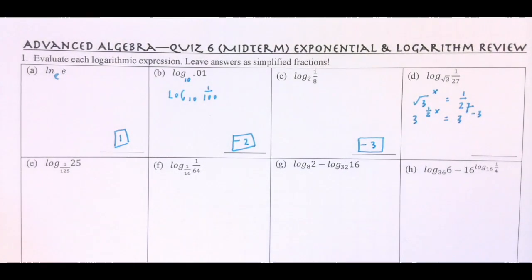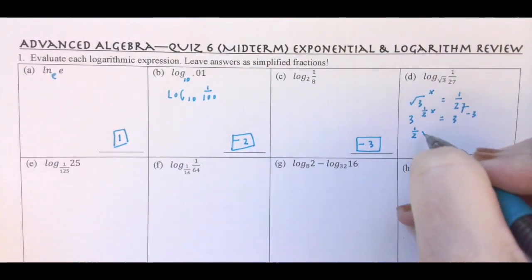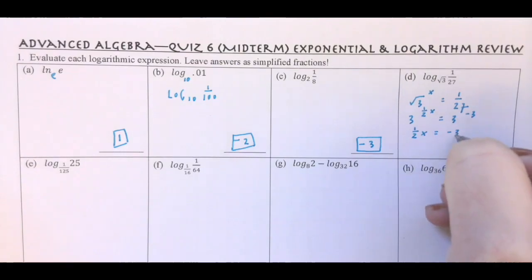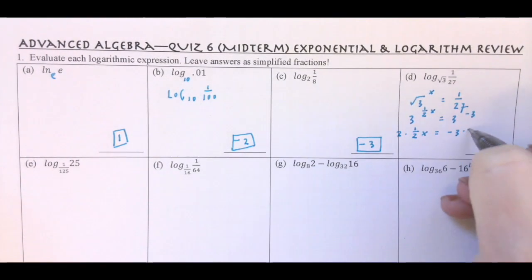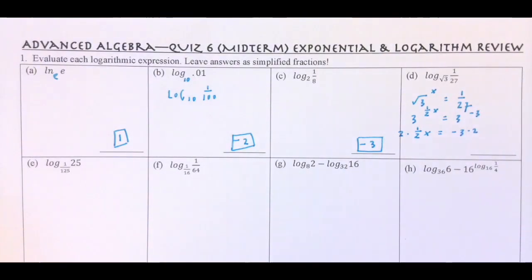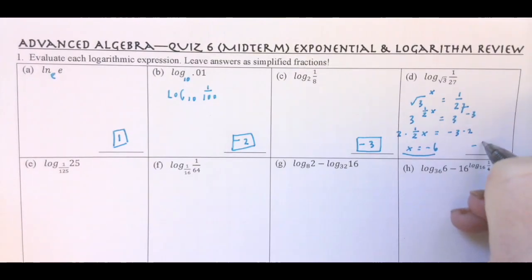Once their bases match, their exponents must match as well. So half of x equals -3. Clear the fraction by multiplying each side by 2. And we get -6 right there.